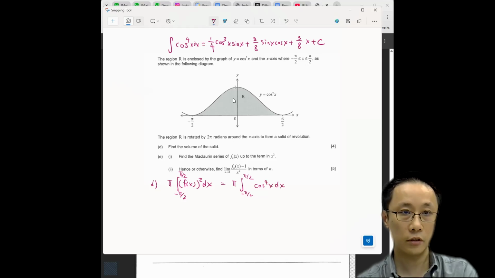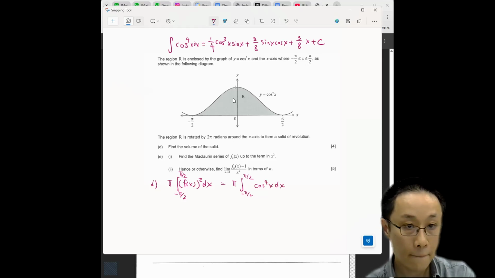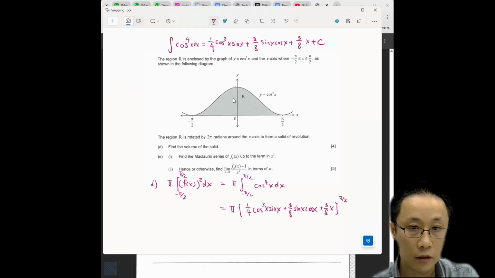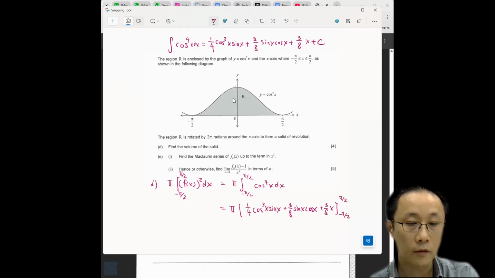And basically, we can just use the integration result from above. Cos cube x sine x plus 3 over 8 sine x cos x plus 3 over 8 x, upper bound, lower bound.